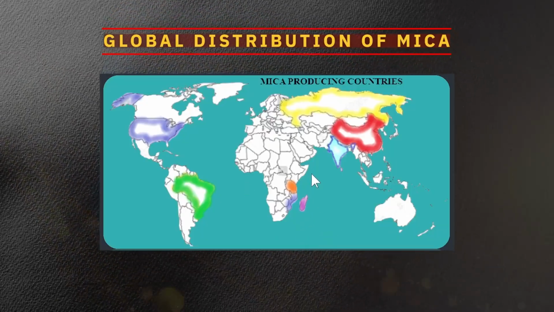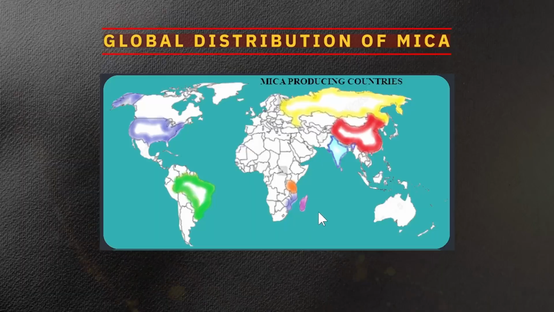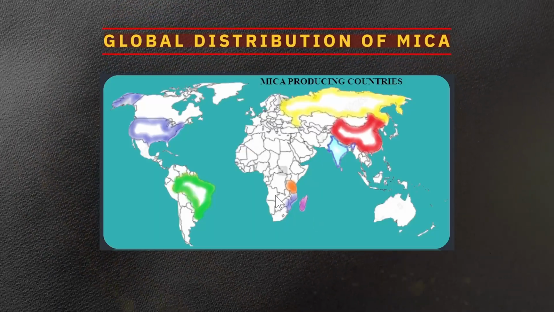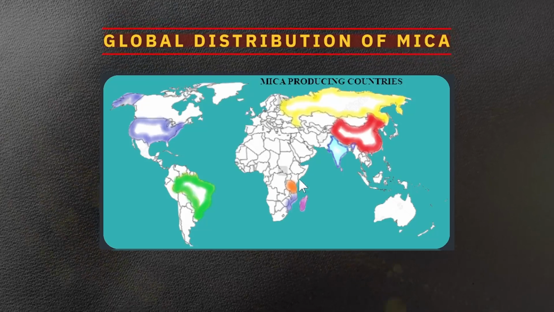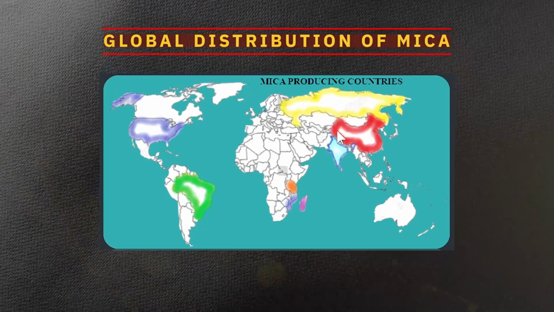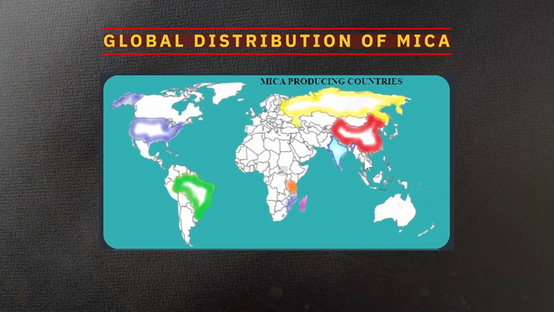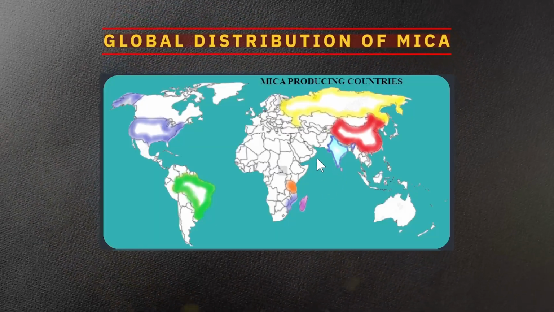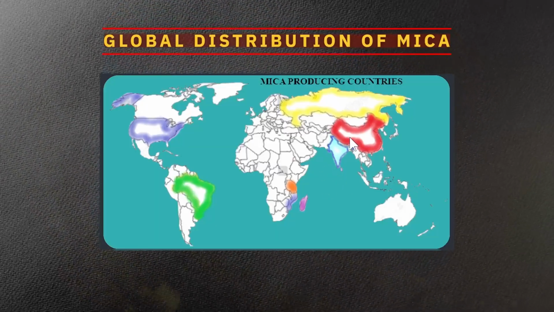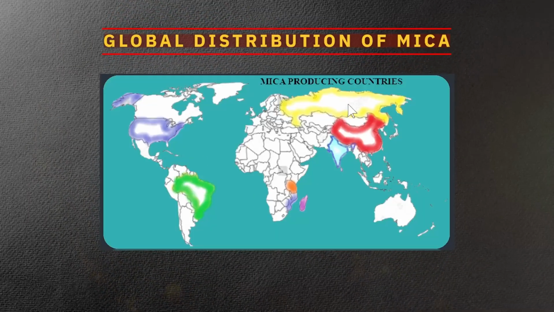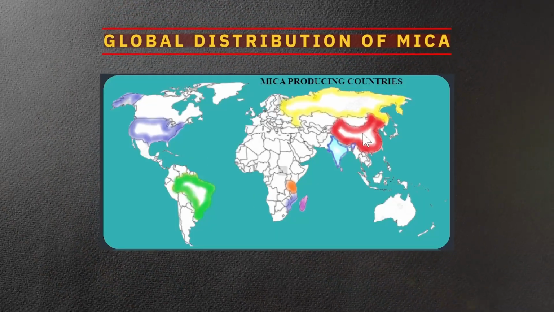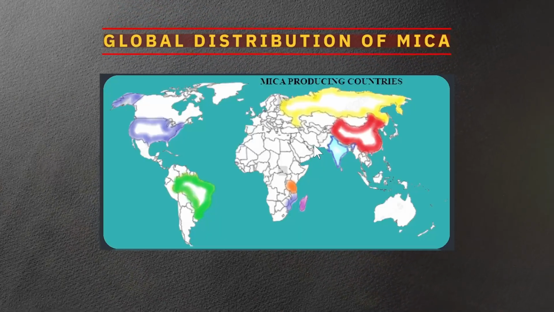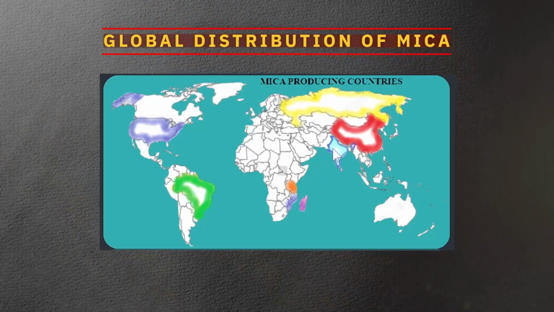So in the present-day economy, these regions are very impactful in this context. We also know that India has a vital and important role. They are very crucial for the production of mica in the global economy. And apart from that, there are some deposits which can also be seen in Russia, USA, Brazil and Madagascar as well.